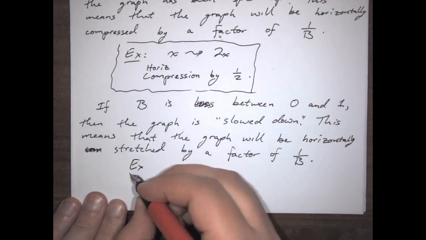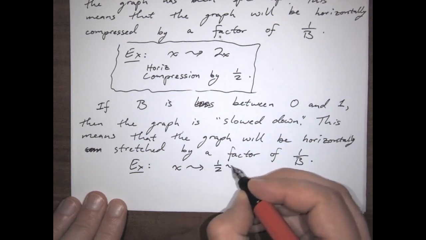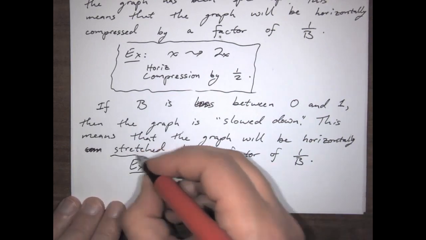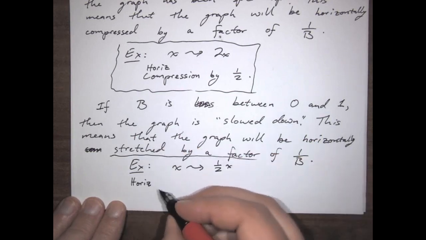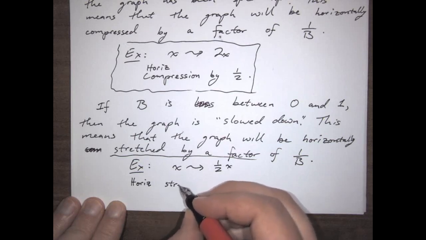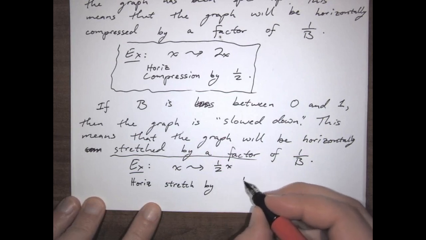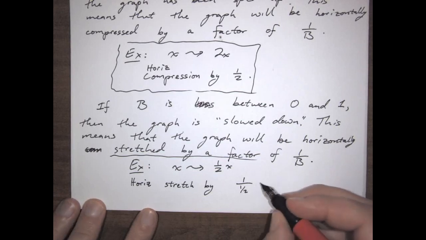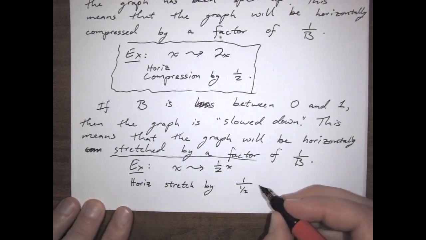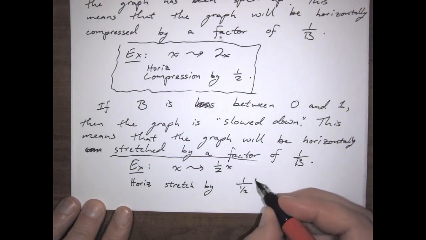And for example, if we have x getting replaced by 1/2 x, that's going to be a horizontal stretch by a factor of 1 over 1/2, the reciprocal of 1/2, which is the same as what you get if you multiply the top and bottom of this each by 2.